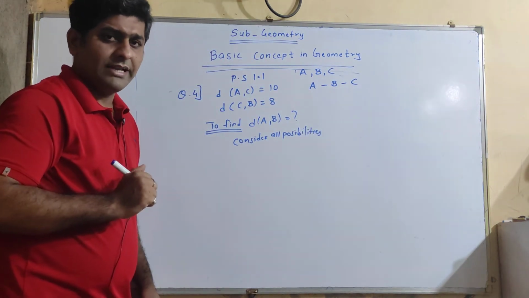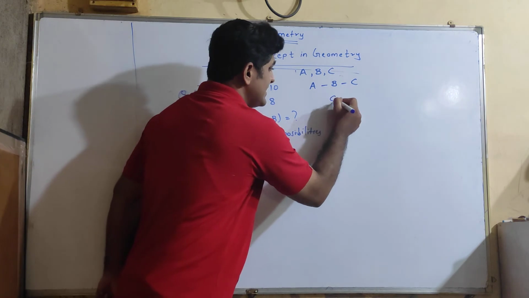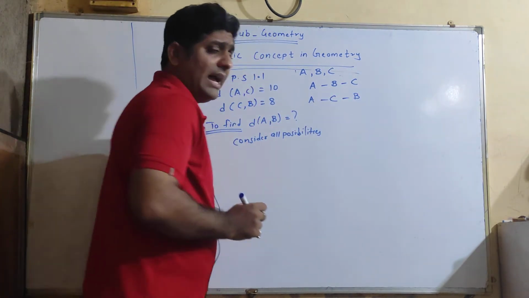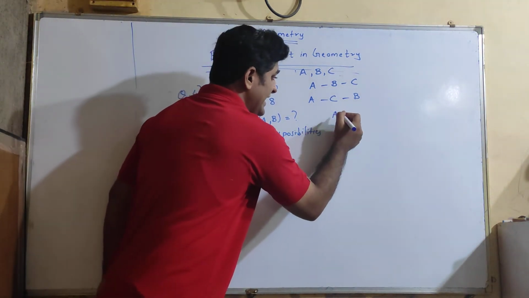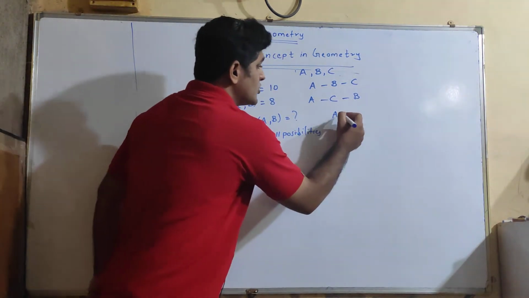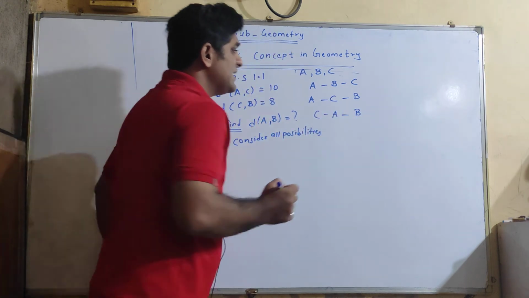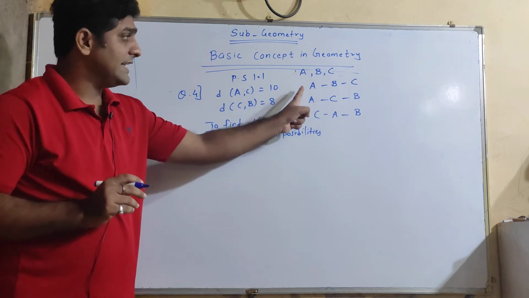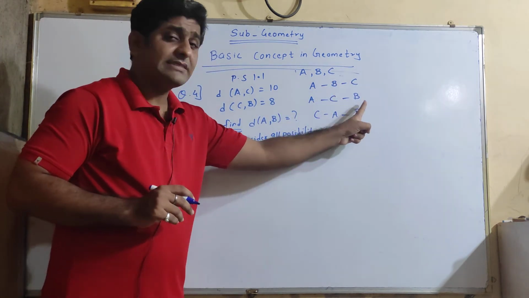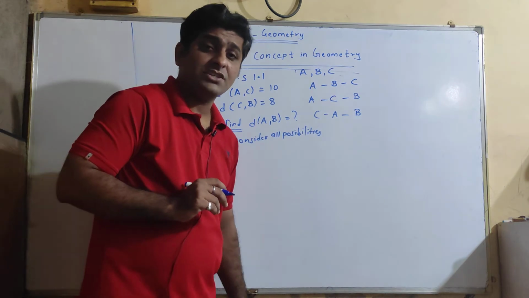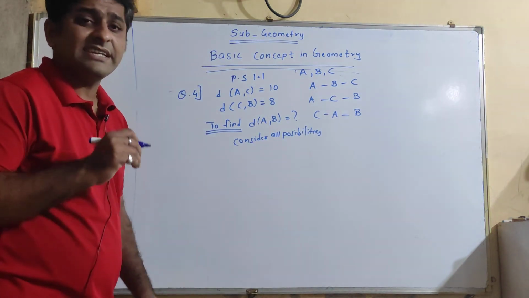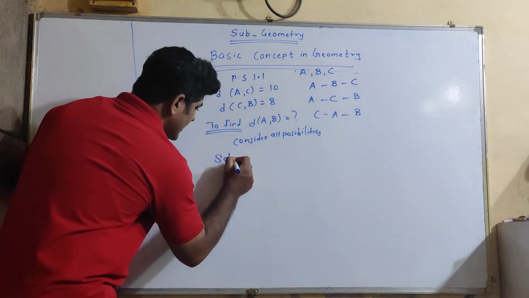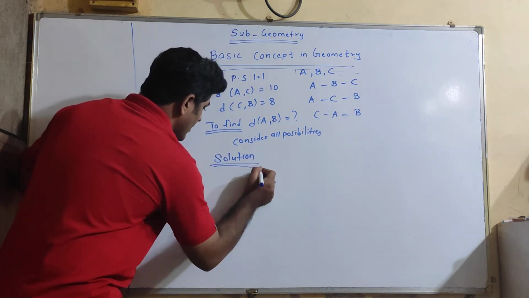Second case will be C coming in the middle, right? And the last case will be A coming in the middle, right students? So these are all our possibilities. By considering all the possibilities, that is A dash B dash C, A dash C dash B and C dash A dash B, we need to find this distance AB in each of the possible cases. So let us solve this sum now students. We will take case 1.